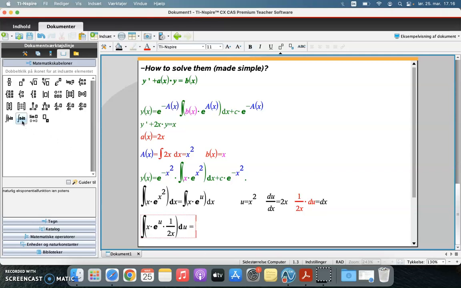We can see that x divided by x eliminate, and then we have this multiplied by e to the power of u. There you have it. Now this integrated gives us 1 divided by 2 multiplied by itself actually.